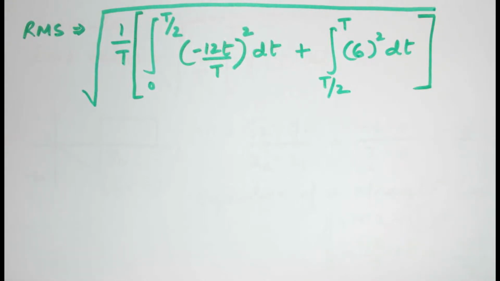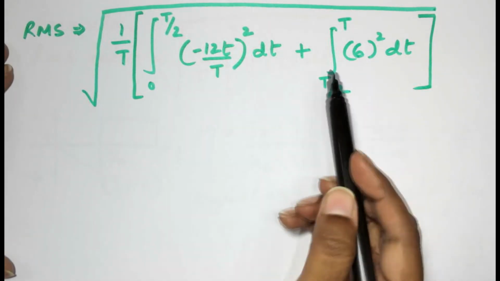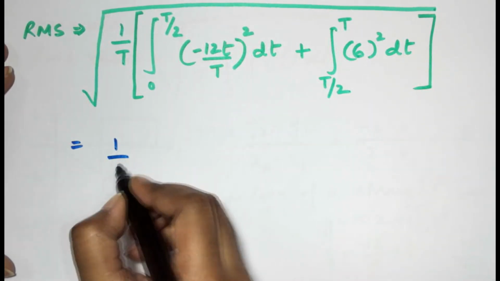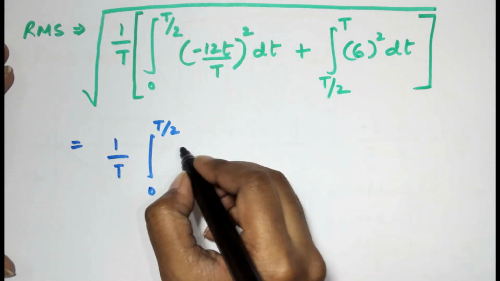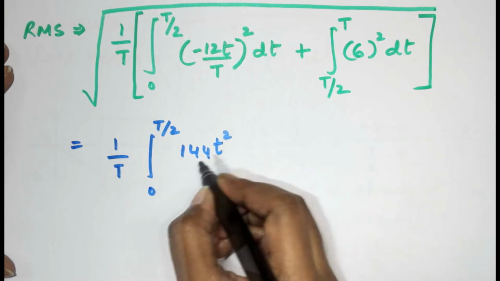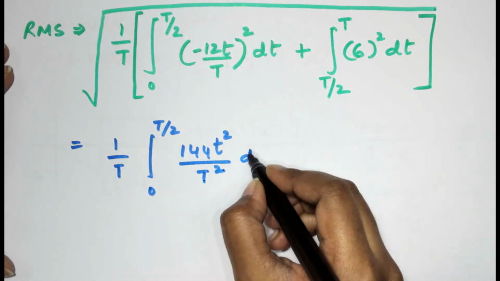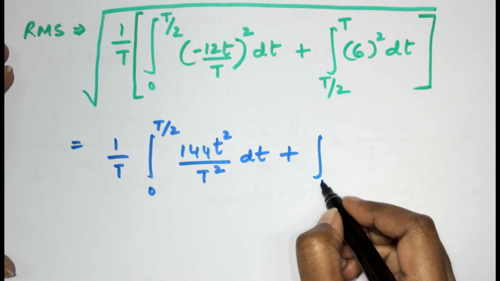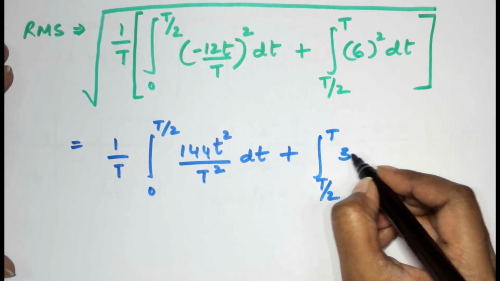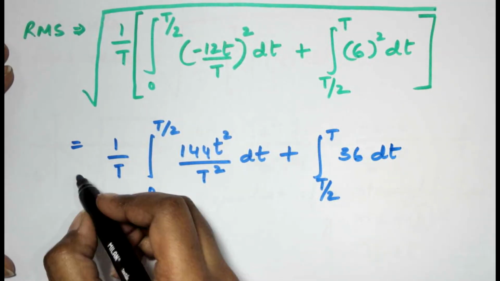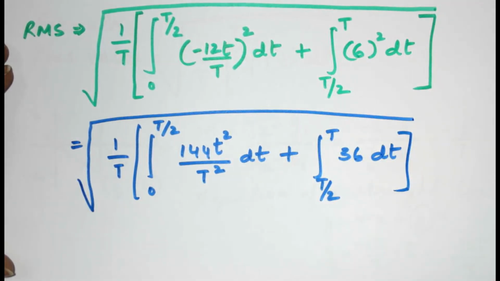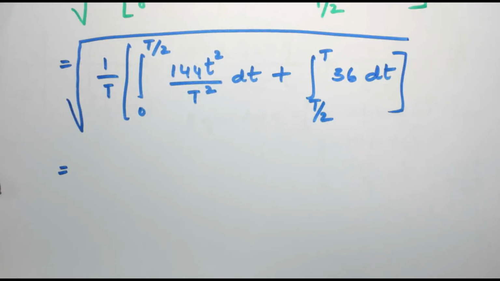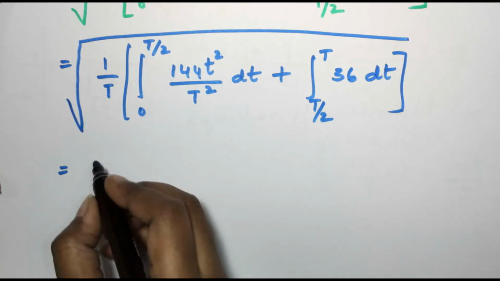So first, let's take care of the parts over here. Now what will we have here? We'll have 1 by T integral 0 to T by 2, 144 t square by capital T square dt, plus integral T by 2 to T 36 dt. Okay, next, let's solve this further.